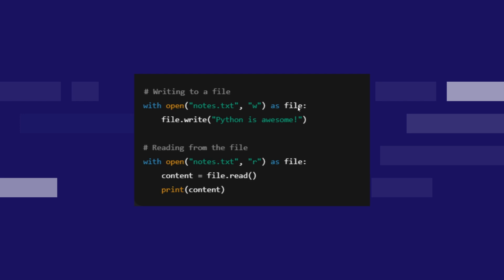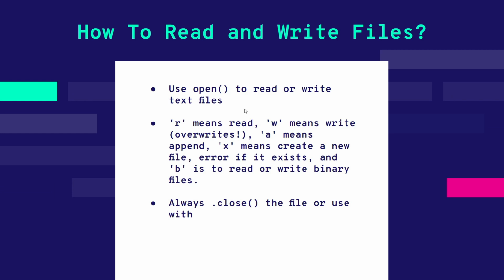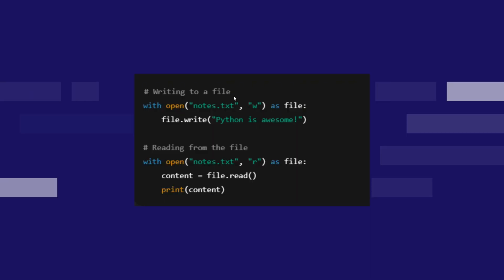Typically, most people say file, but it doesn't matter. And then you say file, or whatever variable name you put here, dot write, "Python is awesome." You would put dot append if you're using A, and I'm not sure about X and B too much. But yeah, file.write("Python is awesome"), or file.append("Python is awesome").